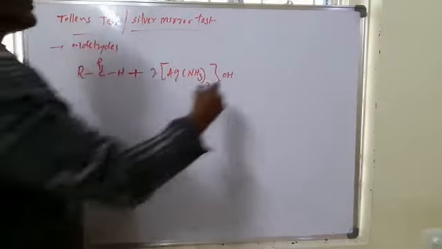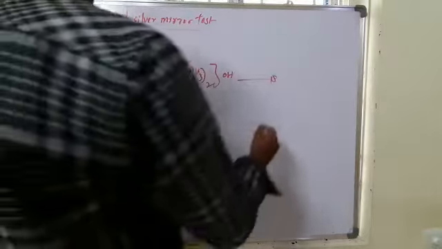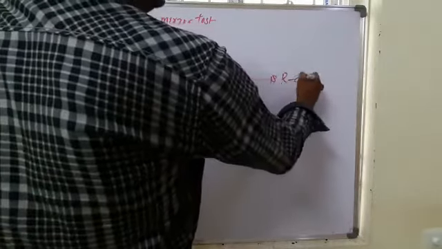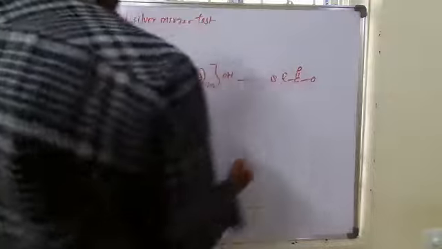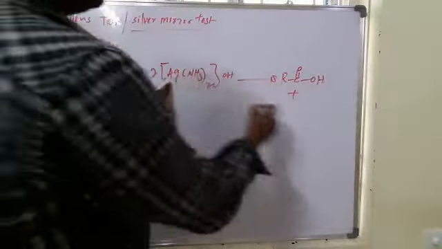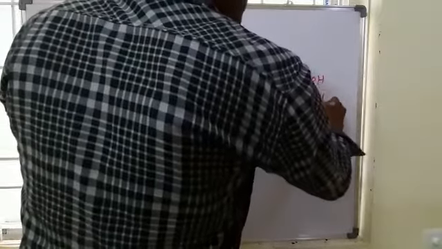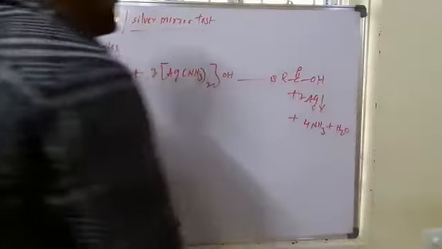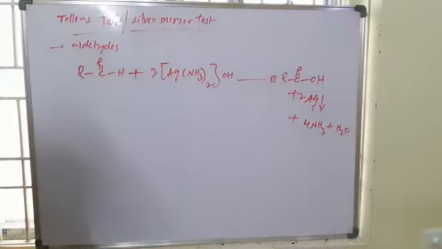Here 2 moles can participate and give this; this part is going to oxidize RCHO to RCOOH, and the silver is eliminated and 2 moles of silver precipitate are formed, and also 4 moles of ammonia and water are formed.